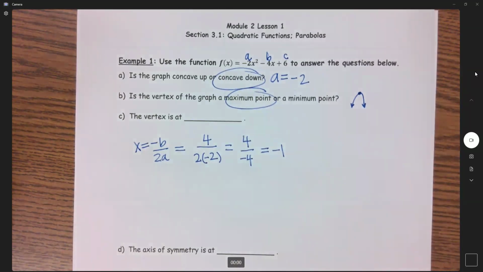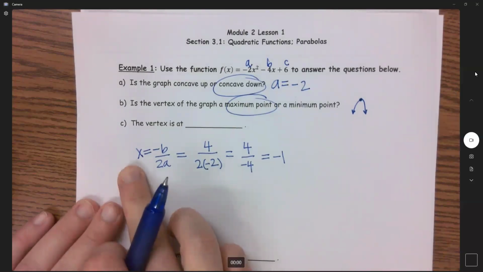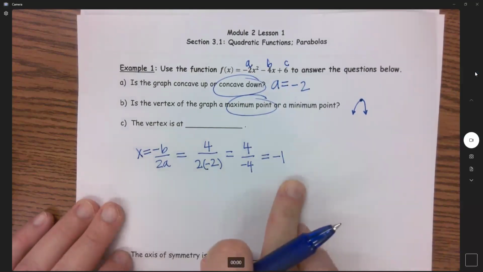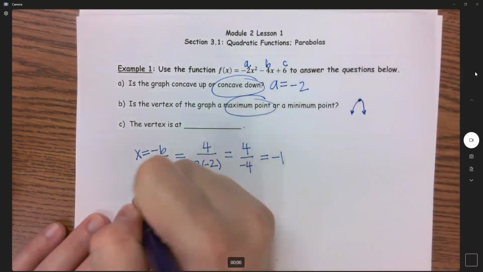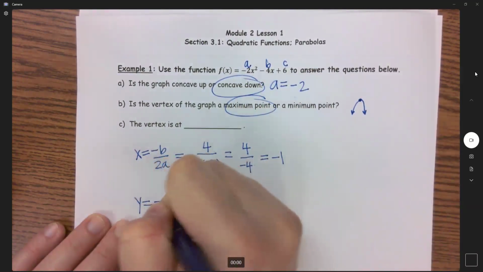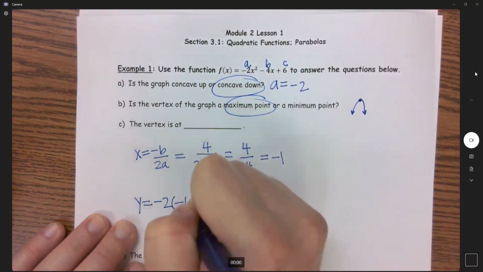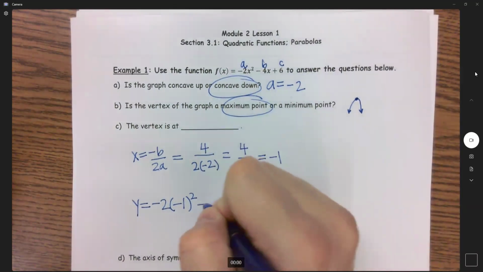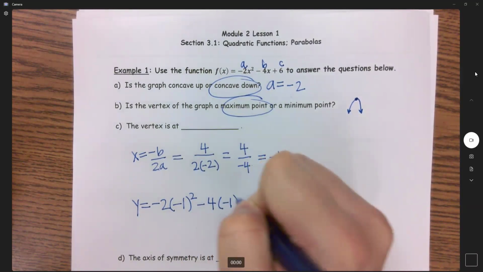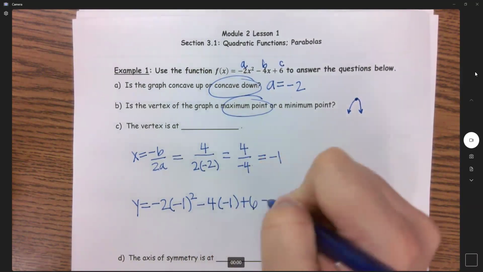That is only half of my vertex, my y. Now that I know my x coordinate of my vertex is negative 1, I'm going to plug that into both of these x's here. So I get y equals negative 2 times negative 1 squared. When we substitute in, we need to put that in parentheses. Minus 4 times negative 1 plus 6.